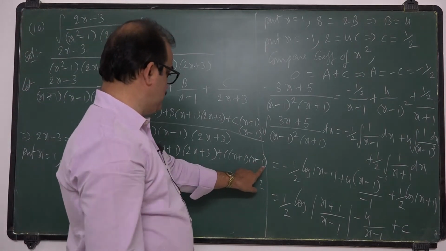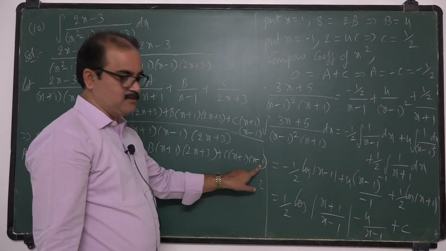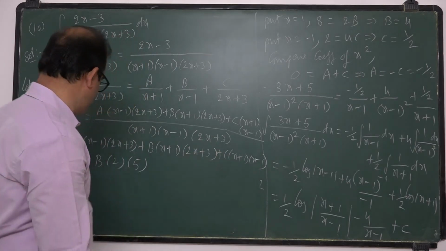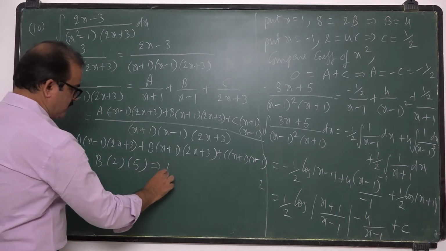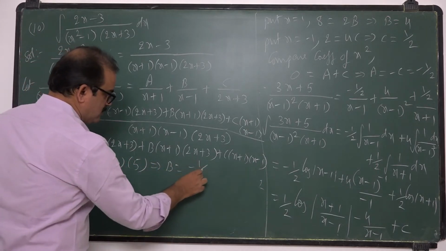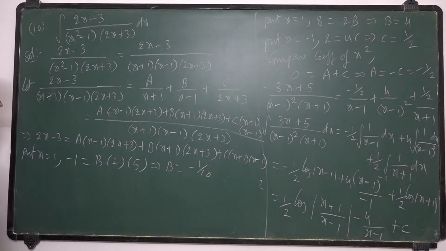If you put x is equal to 1, then this term is 0. 0 into anything is 0. 2 into 5, 10B is equal to minus 1. From this, B value is minus 1 by 10.